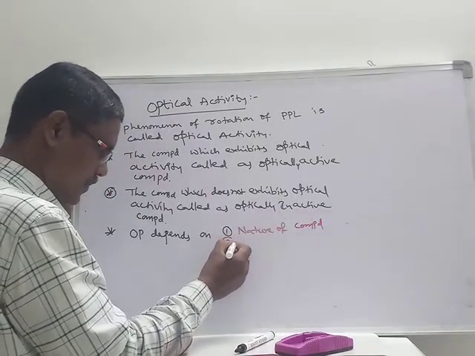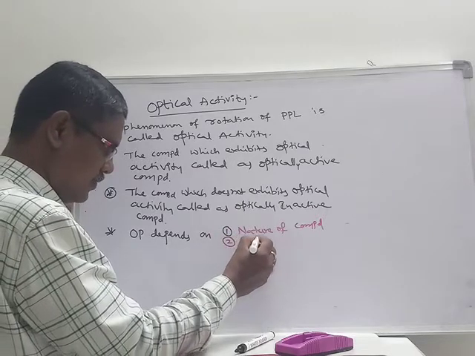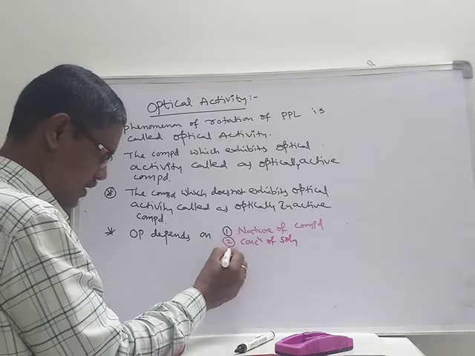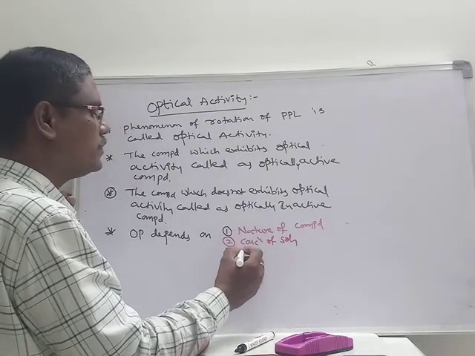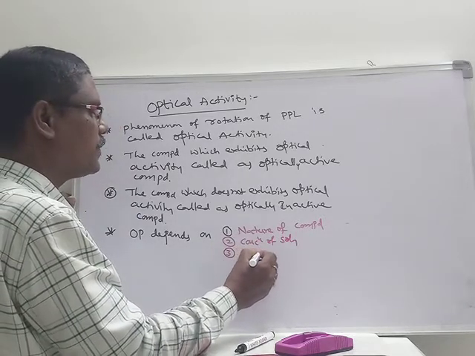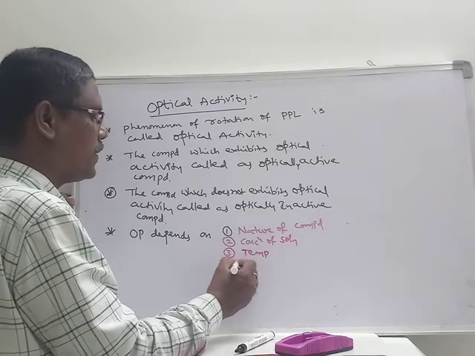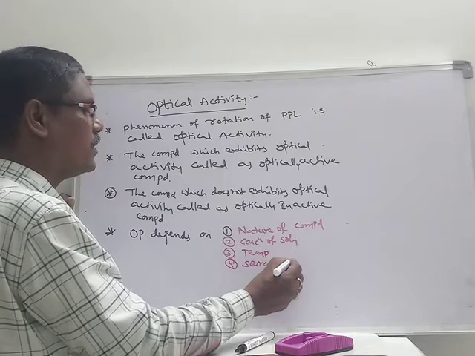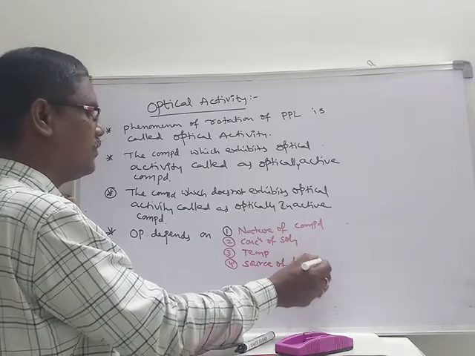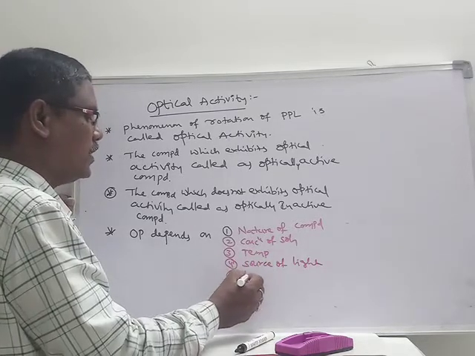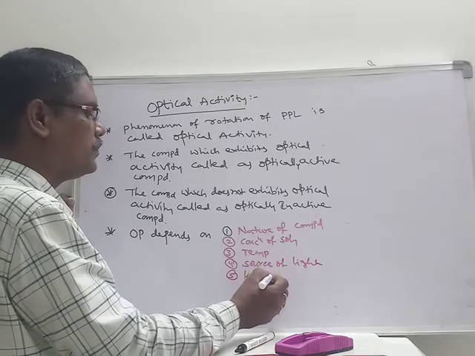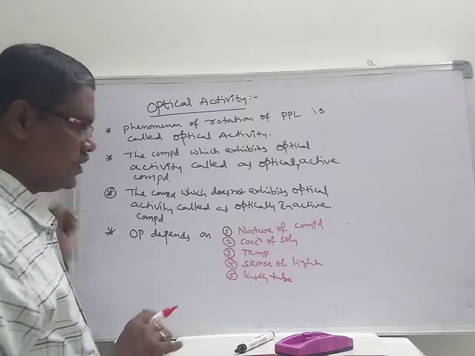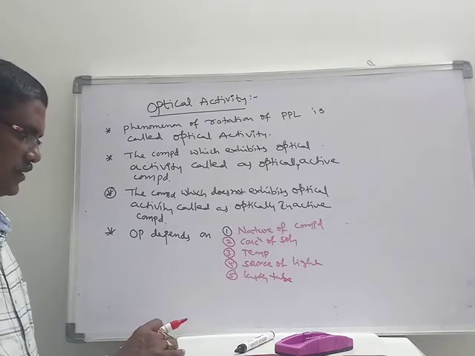Second, concentration of solution. Third, temperature. Fourth, source of light. Fifth, length of tube. So these are the effective factors.